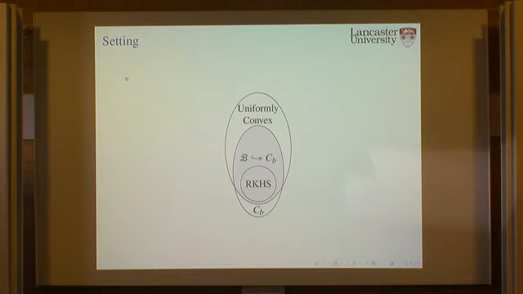L2 is a Hilbert space, it's uniformly convex, but doesn't have continuous point evaluators. Similarly, there are spaces which have continuous point evaluation, but are not uniformly convex. So you rule out certain spaces here on both sides, and this is the kind of area I'm interested in. The majority of results will be for Hilbert spaces and some extensions for Banach spaces.